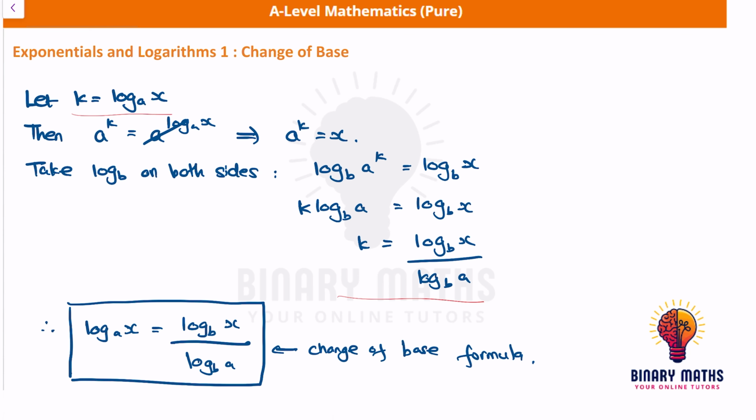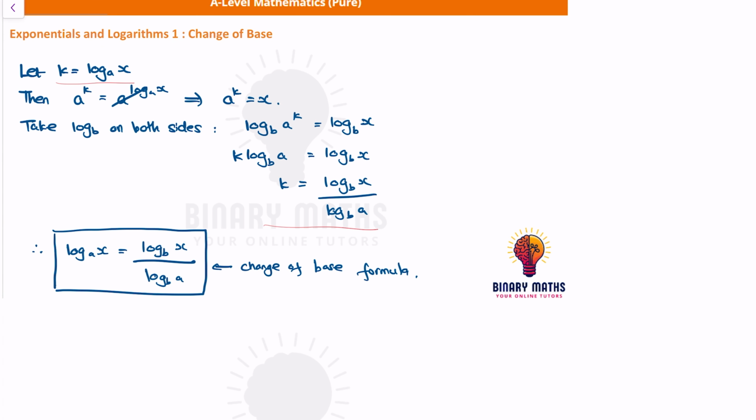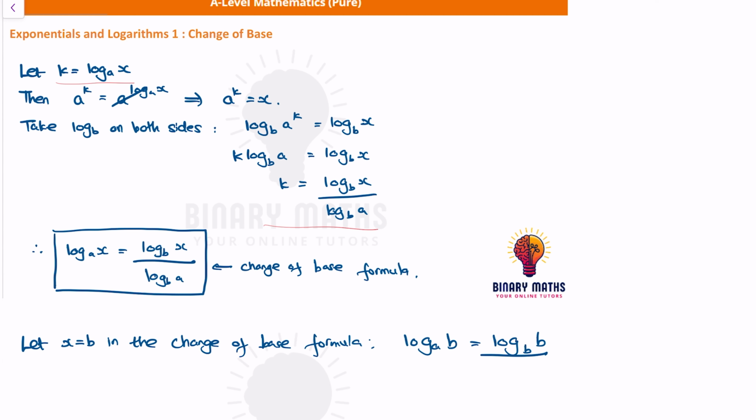As a consequence of this formula, if you let x be equal to b in the change of base formula, then what we end up with is log base a of b is equal to log base b of b all over log base b of a.